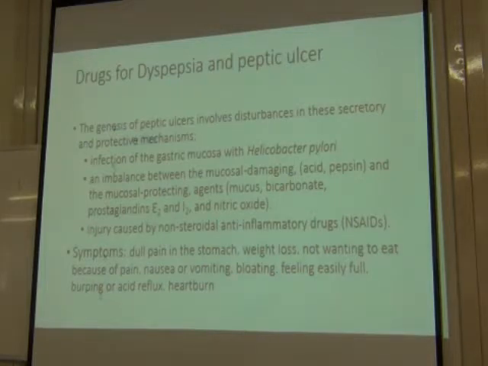So basically it's about the location of the ulcer in the GI. That's what differentiates the two, and that is attached to the symptom the patient feels as well. So we've seen the symptoms.